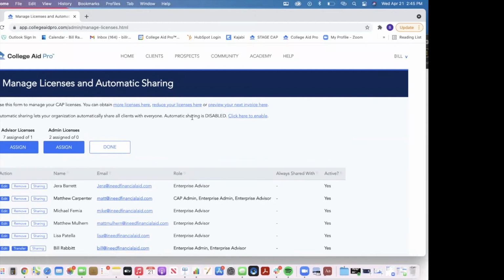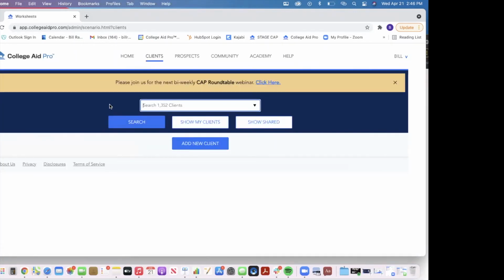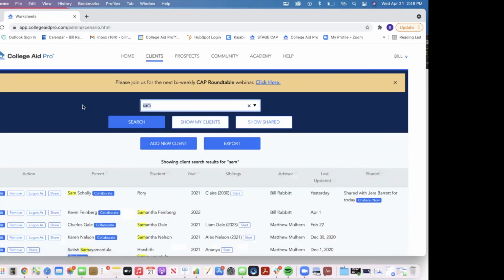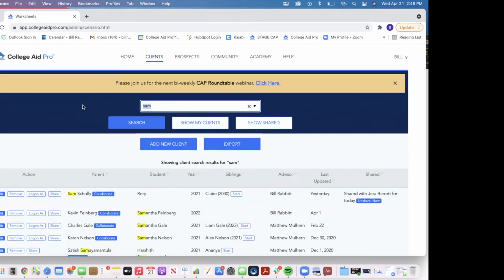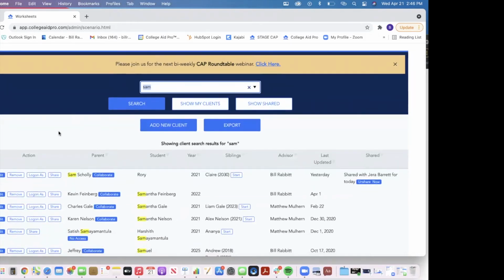And then the other, more fun concept to this solution is this ability to share cases. And there's different levels of sharing. And I'm going to show you those as quickly as I can here. So I'm an admin on this account. I'm also an advisor. I work with clients directly. Okay. So what I can do, I could share one-to-one.